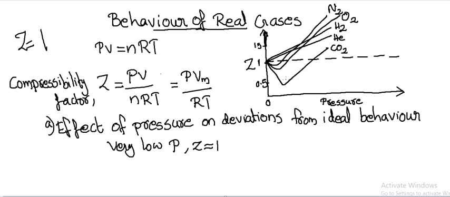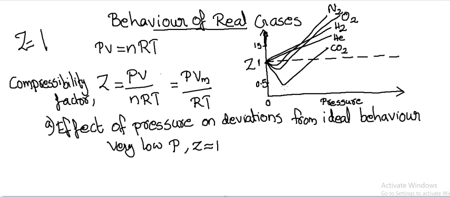However, as the pressure increases for gases like nitrogen, oxygen, and carbon dioxide, Z value first decreases and passes through a minimum. This is the case of nitrogen, this is the case of oxygen, and this is the case of carbon dioxide.